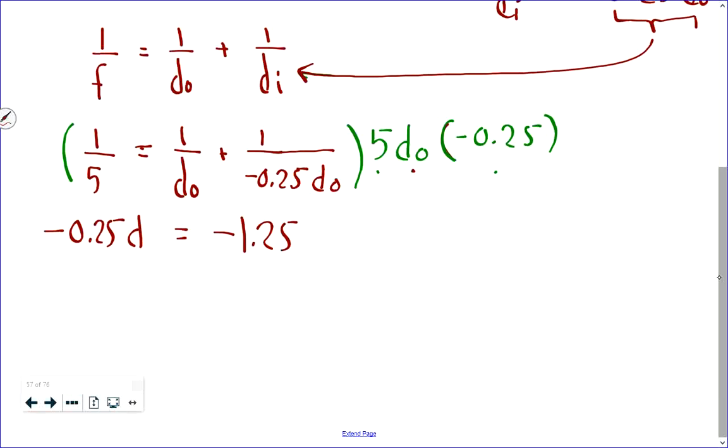And then over here, when I multiply the third term by all of this, the dO cancels and the negative 0.25 cancels. I'm left with plus 5.